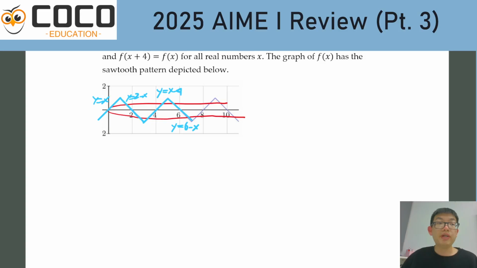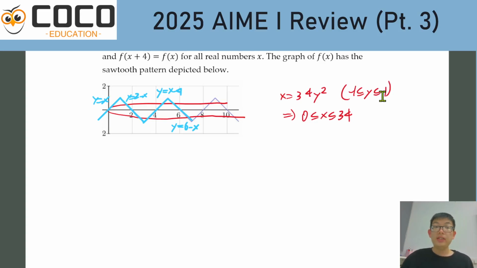Now, since the parabola that I'm interested in is x equals 34y squared, I know that it means that my x only reaches 34 since y only goes between -1 and 1. So this is not going to go on forever. I need to care about the equations.